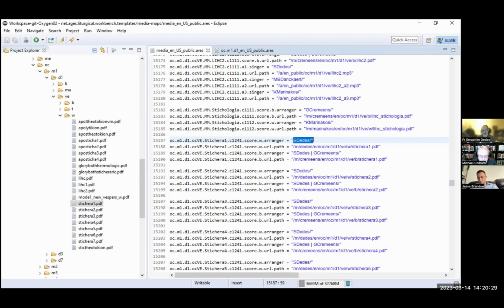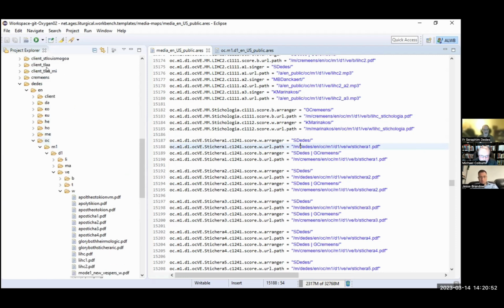Okay, that's for that. And then we get to the second line of the key, and that's the actual URL. So here's the path. Path equals, and notice it starts with the M folder. And then everything that we looked at over here.